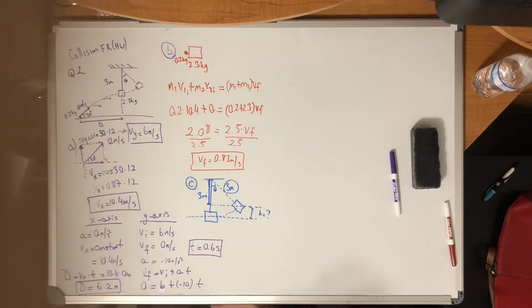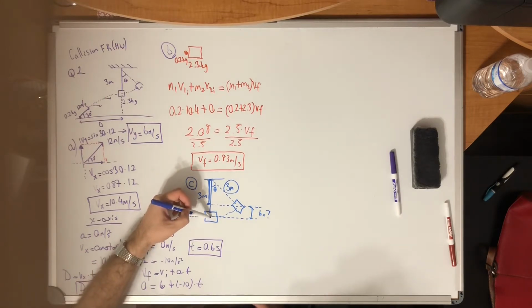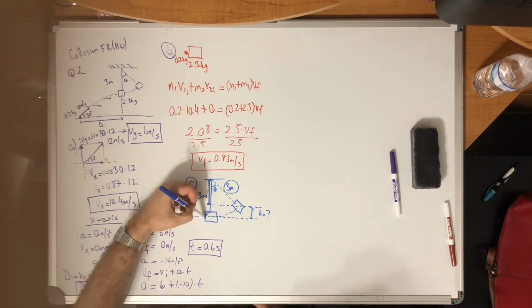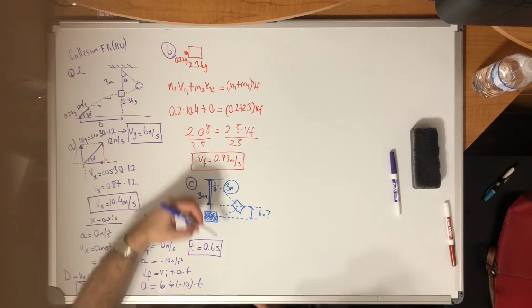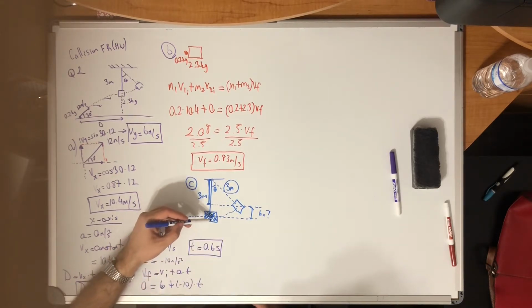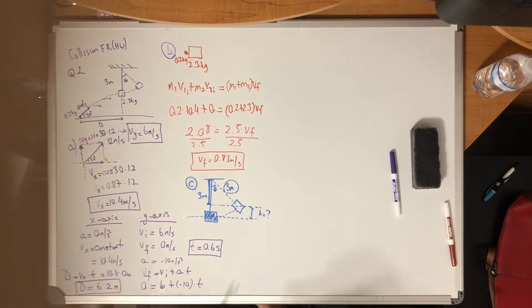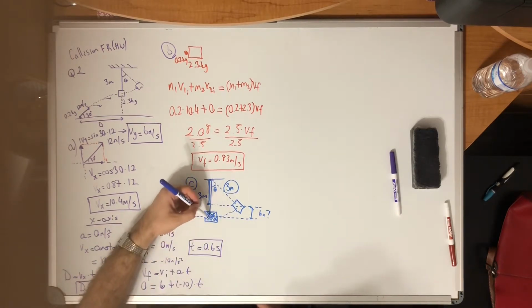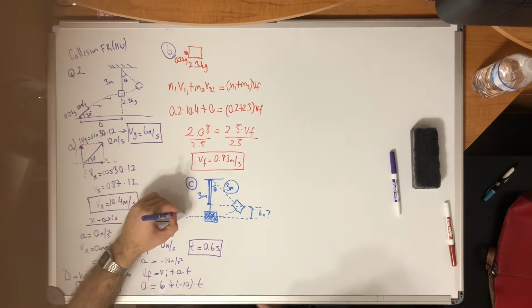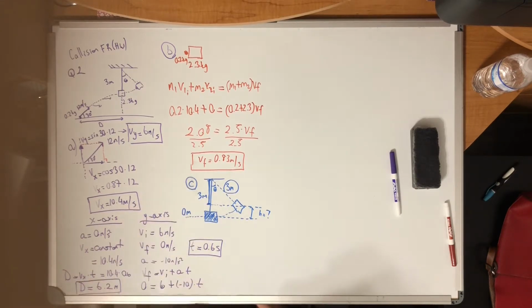So again, conservation of energy. This guy is going to have some energy, and since this is the moment that it starts moving with 0.83 meters per second, I'm going to set this guy as the 0 meter level.